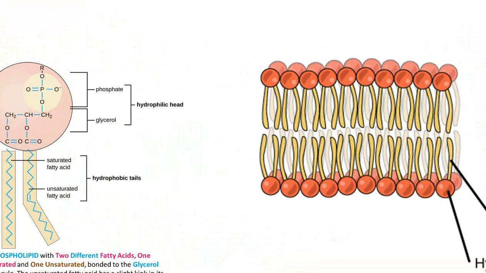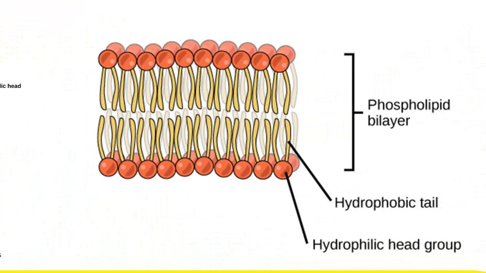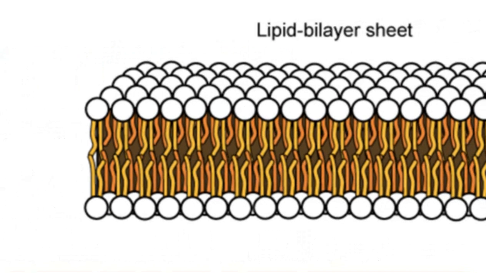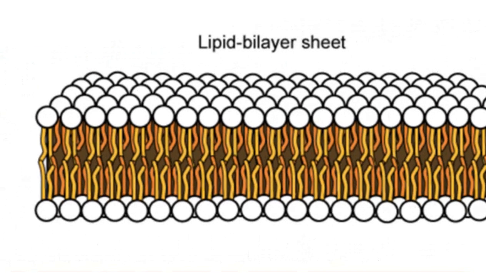Then here, this is the typical lipid bilayer, where we can see the hydrophobic tail regions and the hydrophilic head regions. And in these hydrophilic head regions, phosphate is present. That's why we call it a phospholipid. And here also we can see the lipid bilayer sheet.